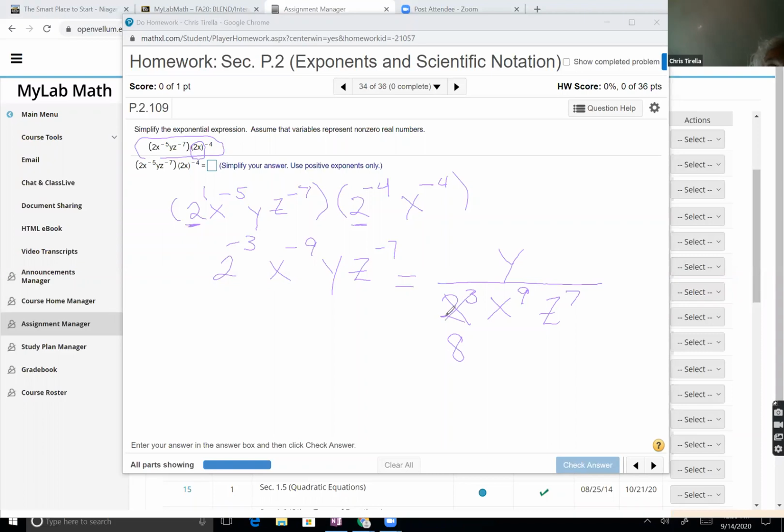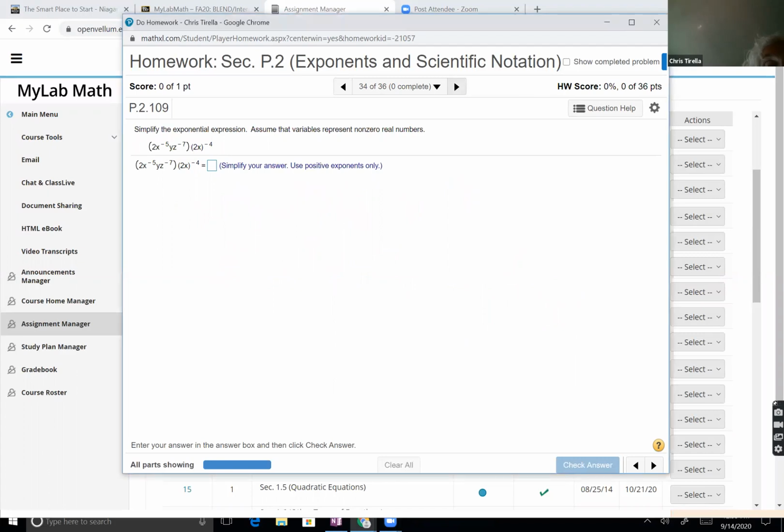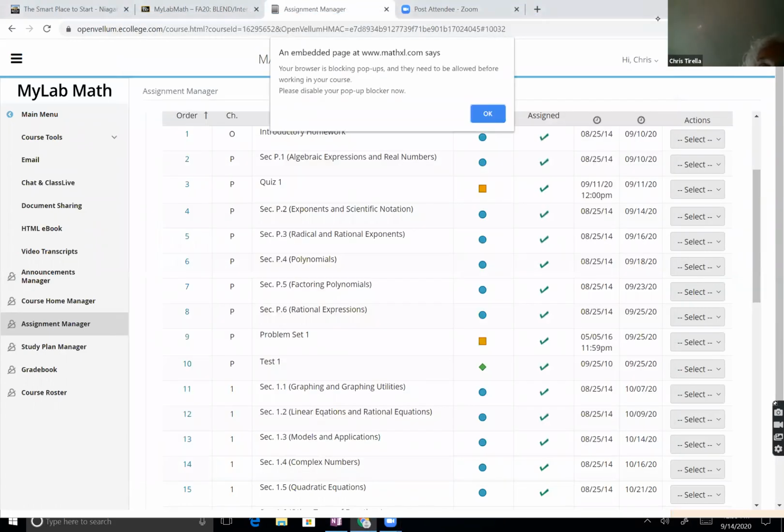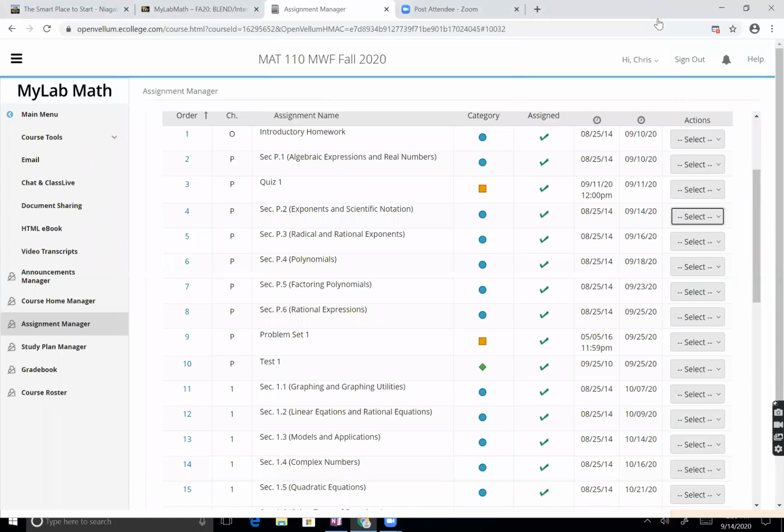How's that one? Okay, no questions. Does anybody want to look at this one, or are you guys all good? All good. All right, then I guess we'll just leave and go to homework P3. Someone asked you to look at it. Okay.